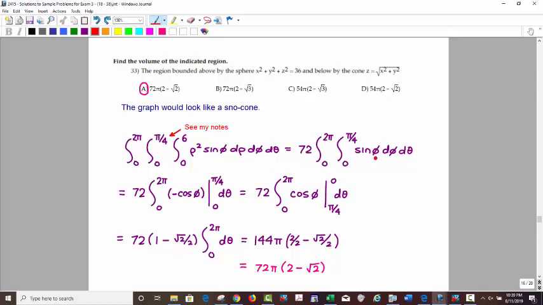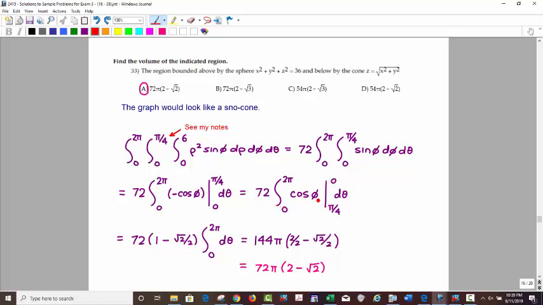So that's where that came from. Now the next one, we're going to take the antiderivative of sine phi with respect to phi. That'll be negative cosine. So still with the 72 out there, I reversed the limits of integration to get rid of that negative. So I put 0 on top, pi over 4 on bottom.